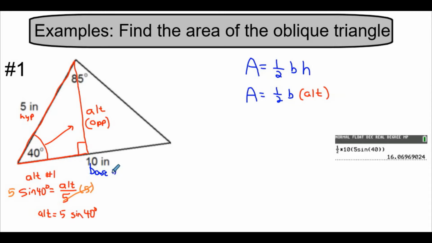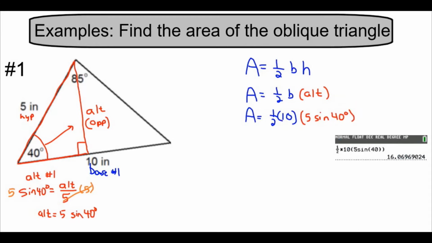So, and this is all you have to do the problem. I just want to show you that it could be done in a different ratio. So for this first problem, the area would be 1/2 of the base, which is 10, and then times the altitude, which is 5 sine 40. And you may say, isn't that a decimal? I just like to go ahead and put it all together so it's a little more obvious what I did, and then I'll type it in the calculator.